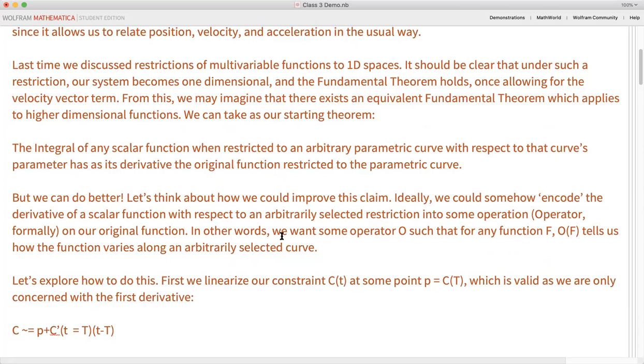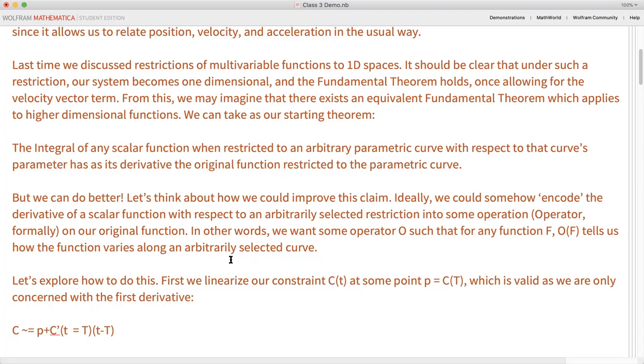We could create some partner function, in the same way the derivative is the partner function to the original function, whose integral is the original function up to a constant. Or vice versa, the indefinite integral of a function gives you a partner function whose derivative is the original function. We could produce some partner function which contains enough information to quickly and easily, ideally without doing any further calculus, pop out what the derivative is under any restriction.